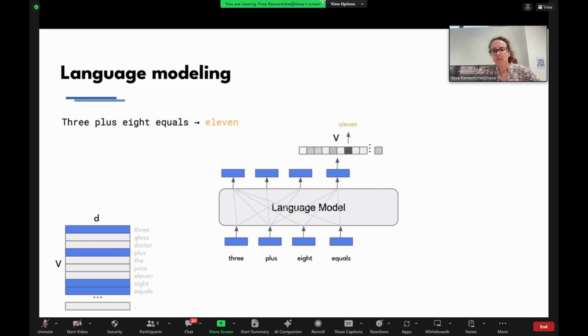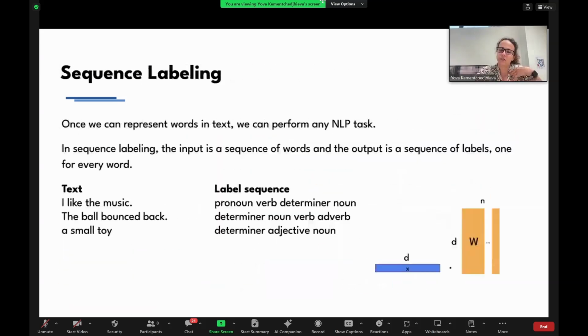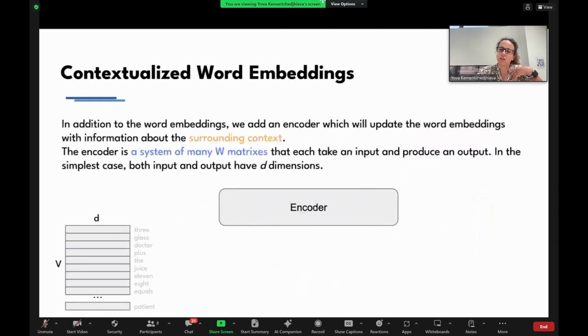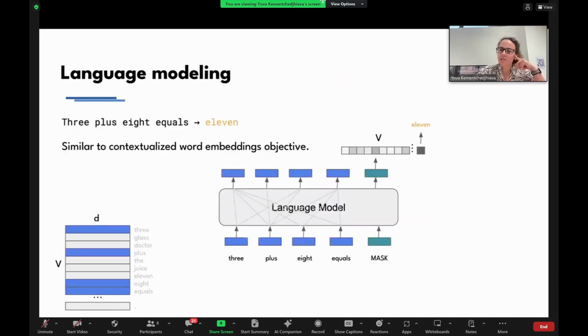In practice, we find that we don't even need this mask token. We can directly take the representation of the last token of the sequence, in this case equals, and take the dot product of that with the unembedding matrix. So remember that in both of these cases, this last arrow here is a simplification for this step here, where we multiply a vector with an unembedding matrix to get that vocabulary distribution.